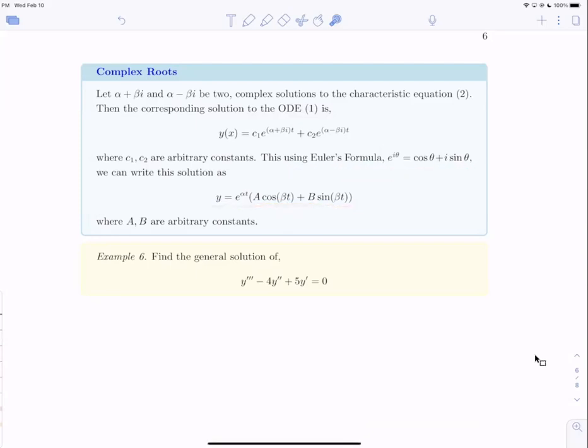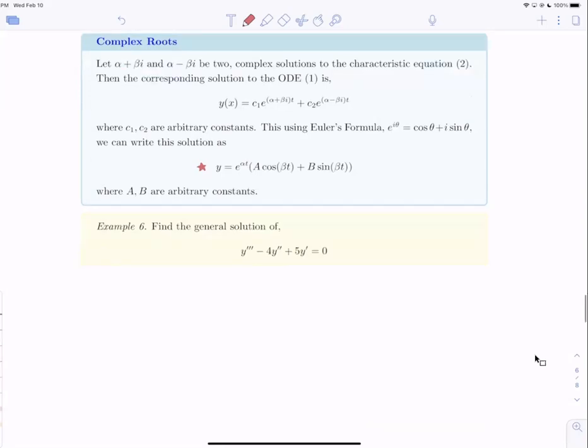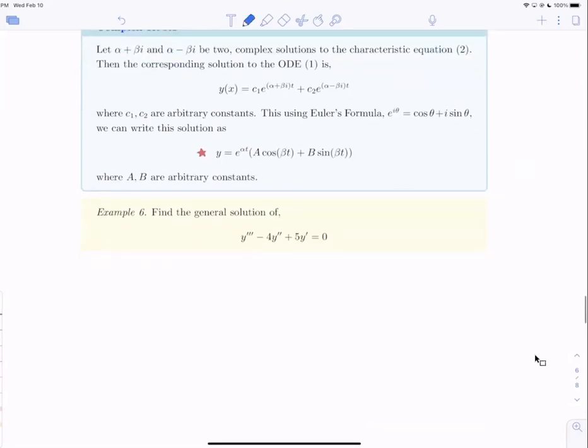So this is the one we actually use. They want you to write it in this way. Okay? So e to the alpha t times (a cosine beta t plus b sine beta t), where a and b are constants. And let's try this example, and that's the end of the tutorial.